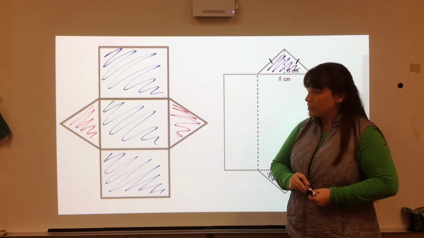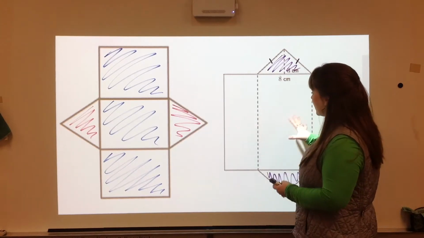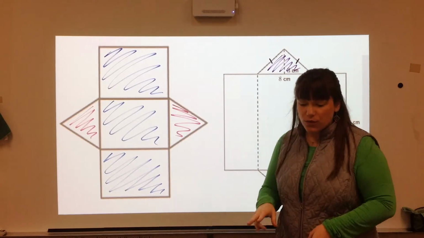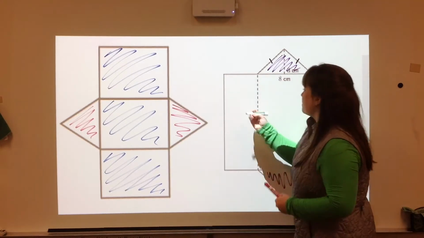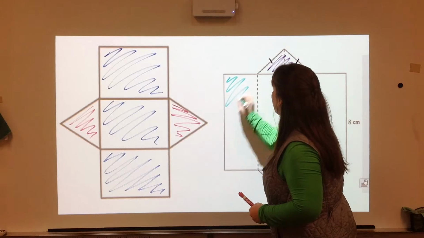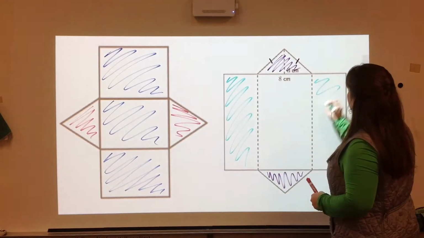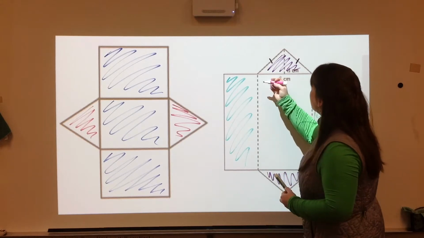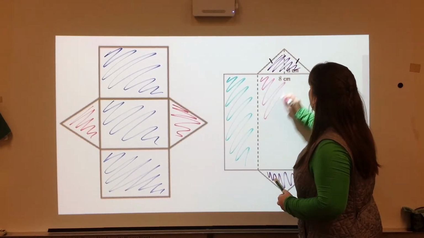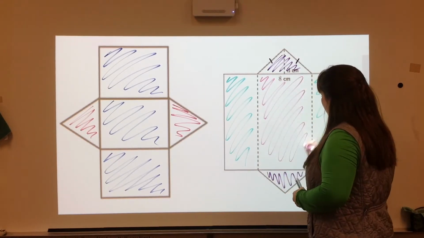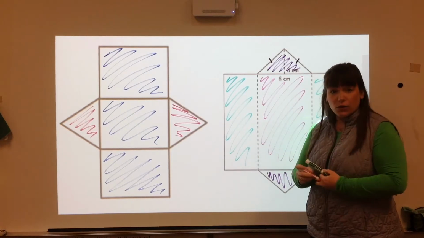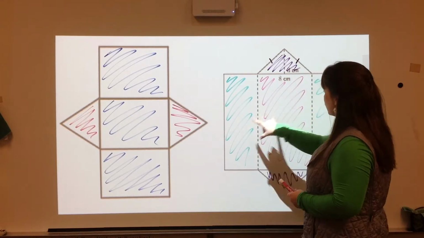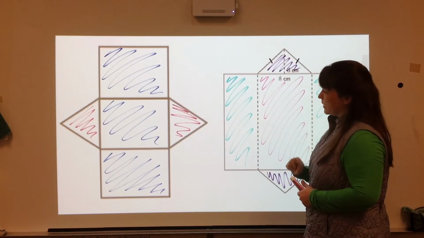Always, the triangles will be the same area, but the rectangles, you'll have 2 of them that are the same. So these ones on the ends are going to be the same dimensions, and then there's going to be 1 rectangle that's going to be either bigger or smaller than the other 2. So go ahead and shade the triangles, the 2 rectangles that are the same, and then the one that's different.